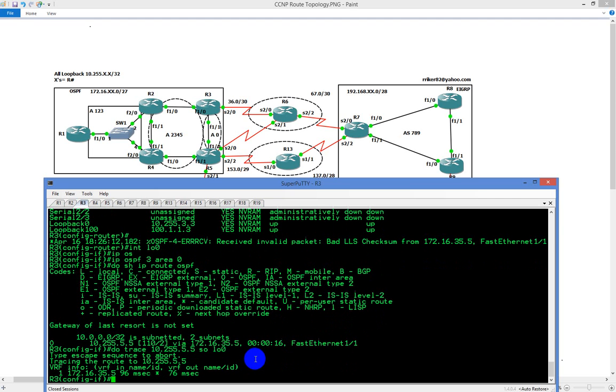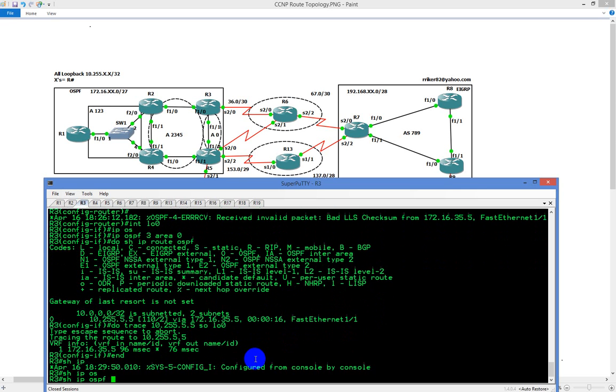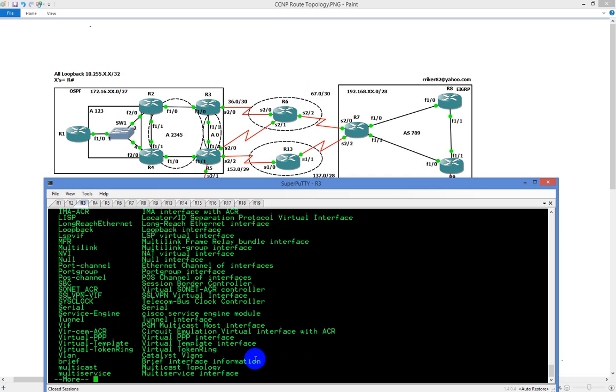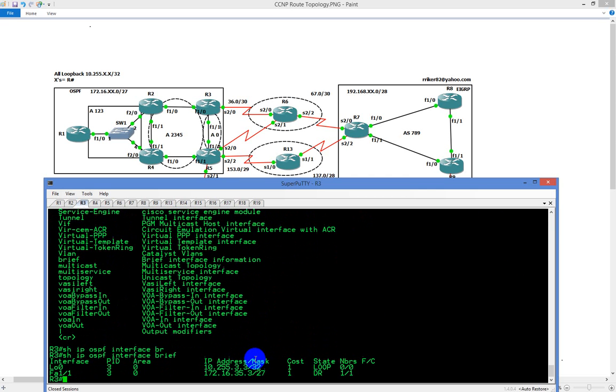So that's one of the things that you'll see as you go along on how this breaks down. Now another thing I'm going to do is type in show ip ospf, and there are quite a few options here. I'm going to type in interface and brief, and this gives me a quick look at what I've got going on. So we have loopback 0 advertised into process 3 in area 0.